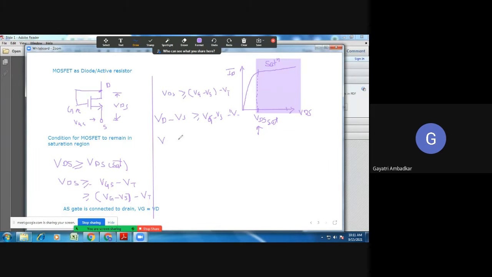I'll take this VG here: VD minus VG must be greater than or equal to, this will get cancelled, must be greater than or equal to minus VT. What is VD minus VG? It will be VDG, the drain to gate voltage, must be greater than or equal to minus VT.